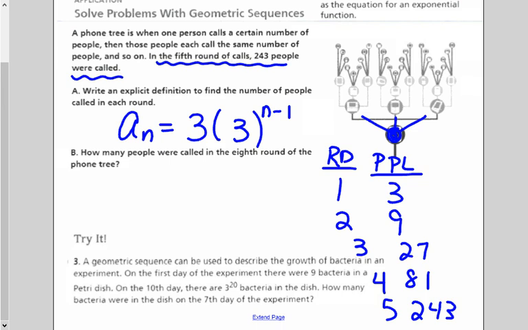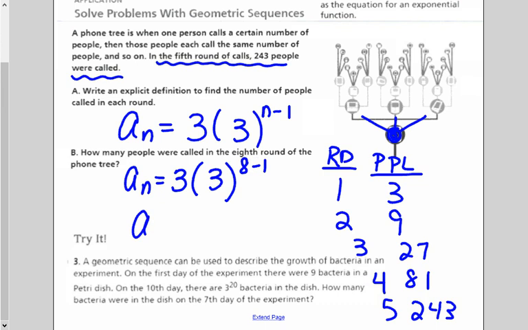How many people would be called in the 8th round of the tree? So we have a few more steps to go, right? We have to keep multiplying by 3, or we could use this explicit formula and just put 8 in for n. So we're going to do 3 times 3 to the n minus 1. So basically, 3 times 3 to the 7th.